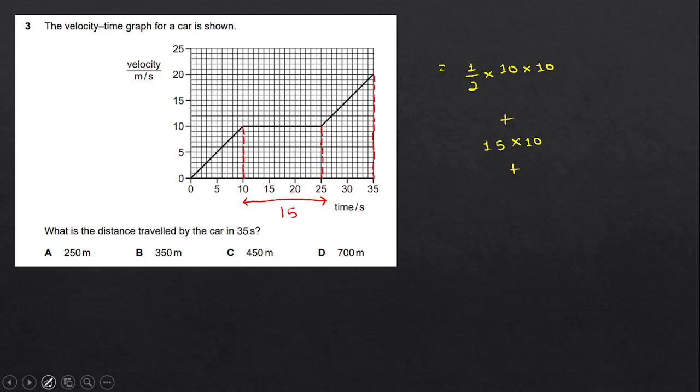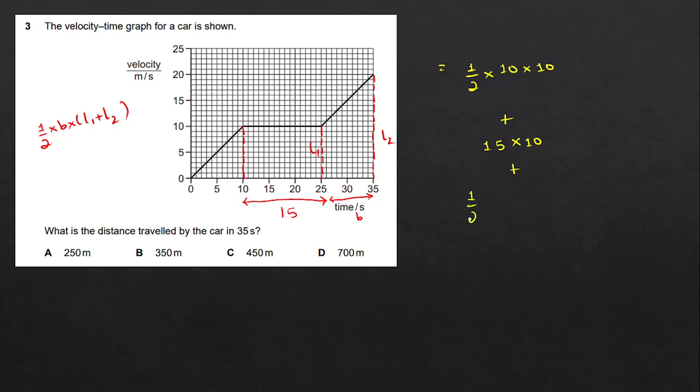Plus, for the area of the trapezium we can use the formula half times base times sum of parallel sides. So let's say L1 and L2 are parallel sides. This is the base. The length of the base is 10. So if I use the area of trapezium, half times base times L1 plus L2, then we can substitute these values in here.